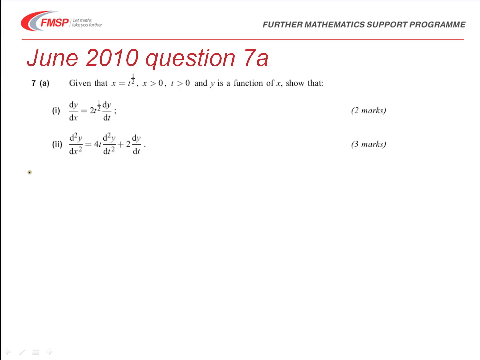Well, we know that if x is equal to t to the half, then we could rewrite that as t equals x squared, and then from that we can write down the fact that dt by dx is equal to 2x, or alternatively, since x is equal to t to the half, we could write that as 2t to the half.